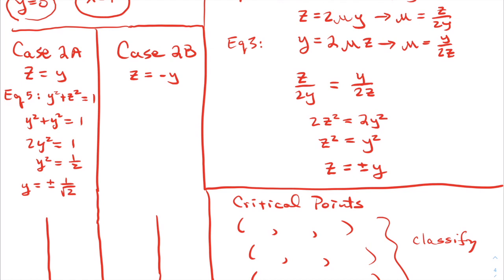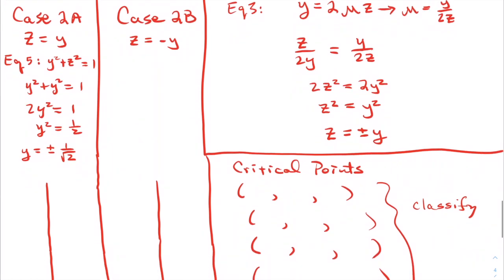That's two cases. So maybe we can do a case 2a1 and a 2a2. Okay. So in case 2a1, y is 1 over the square root of 2.